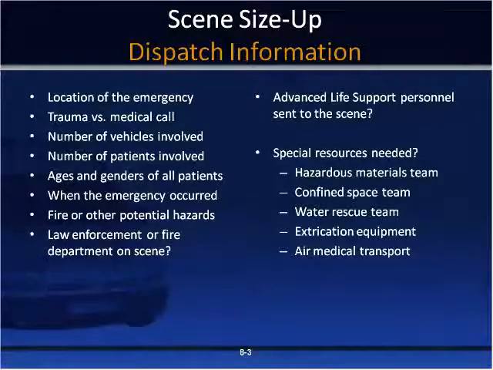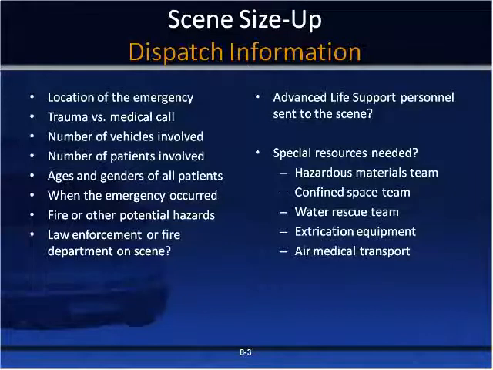The information the caller gives the EMS dispatcher may help you determine the location of the emergency, if this call is trauma, such as an MVC, or a medical complaint, such as a seizure. The number of vehicles involved, the number of patients involved, the age and gender of all patients, when the emergency occurred, if the call involves fire or other potential hazards such as leaking materials, downed power lines, broken gas lines, hazardous materials, violent patients, or dangerous pets.